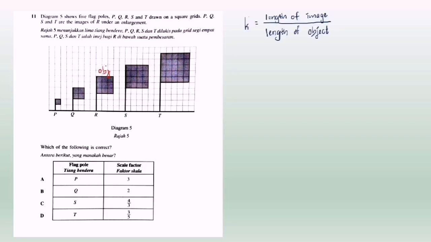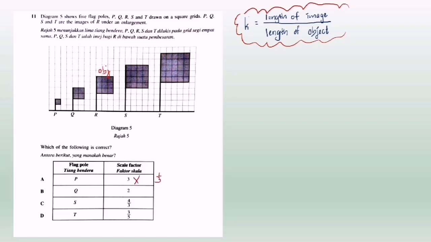Now the formula of scale factor k equals length of image over length of object. So for P, length of image is 1, length of object is 3. So the scale factor is 1 over 3, so this is not the correct answer.